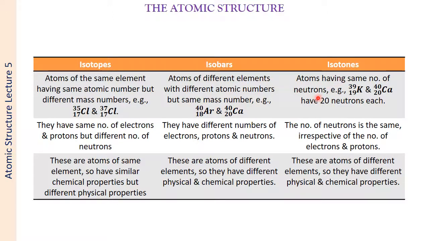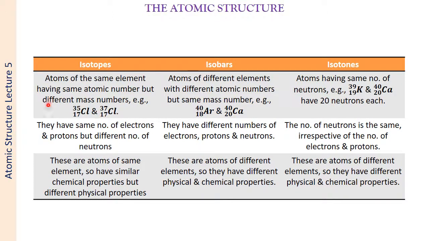Different atomic number, different mass number, only the number of neutrons is the same. So we have isotopes to be having the same number of electrons and protons but different number of neutrons. Isobars, they have different number of electrons also, protons and neutrons. And then isotones, the number of electrons and protons is going to be different but the number of neutrons is the same.